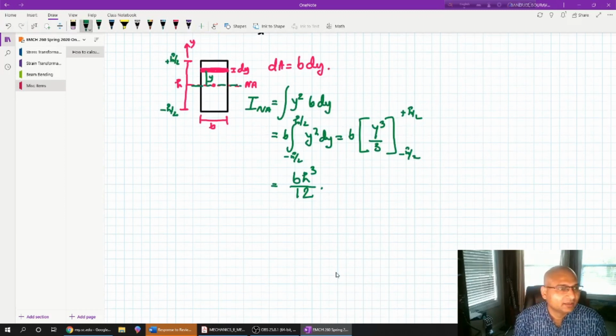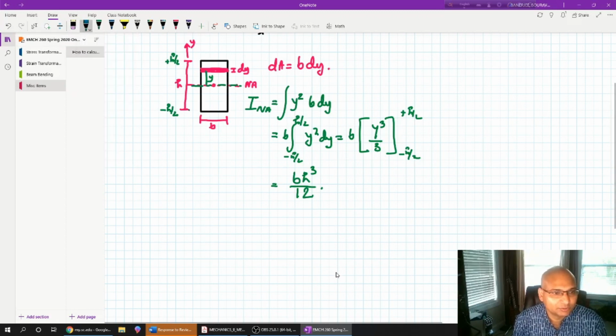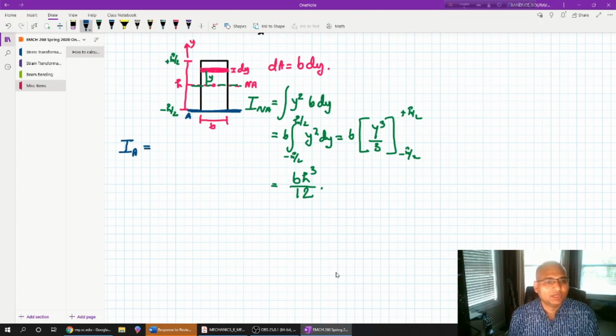Now let's say we have a new axis, another axis from here. Let's name this axis new axis A. We are interested in finding the moment of inertia with respect to this blue axis, which is IA.